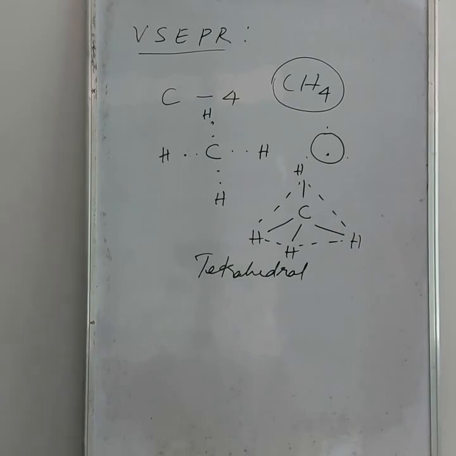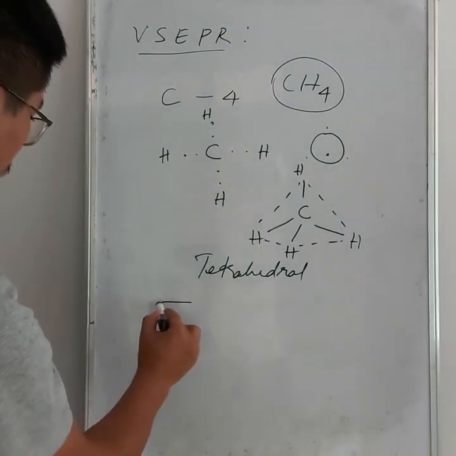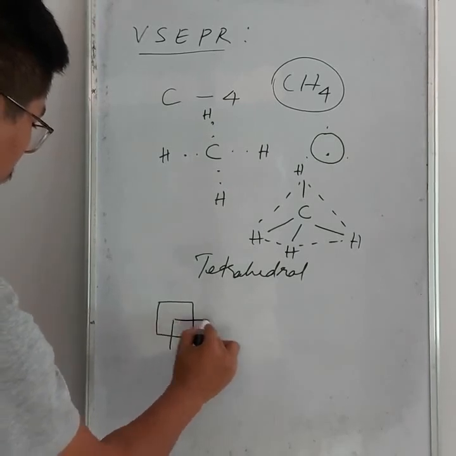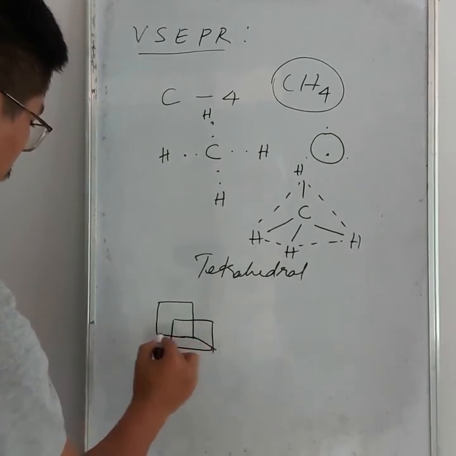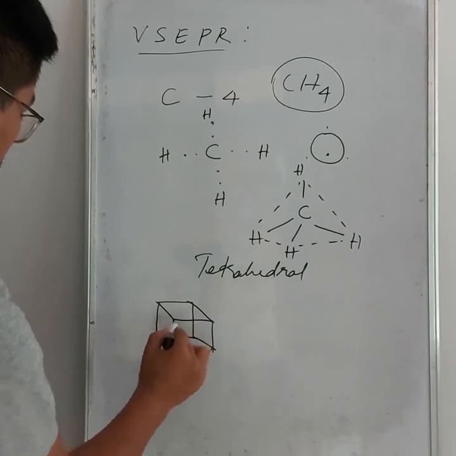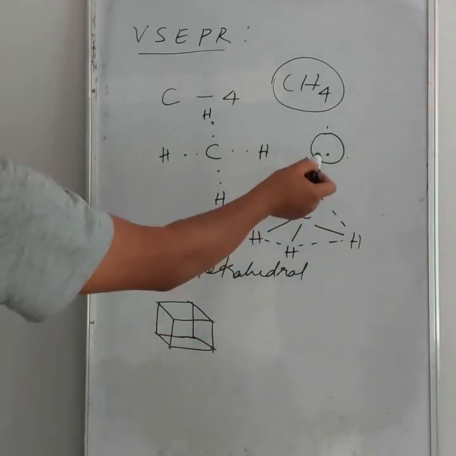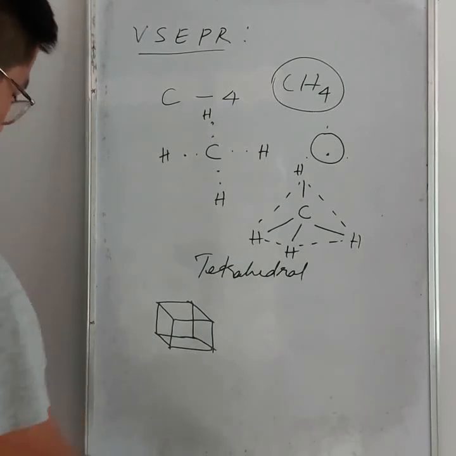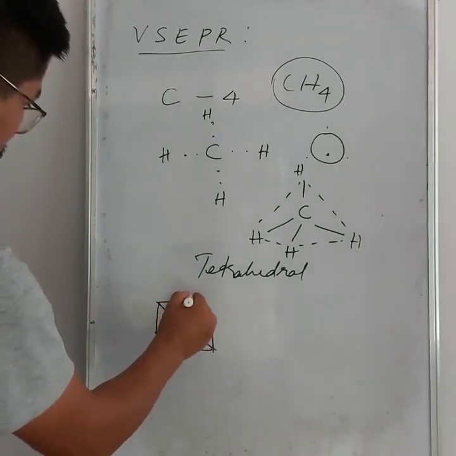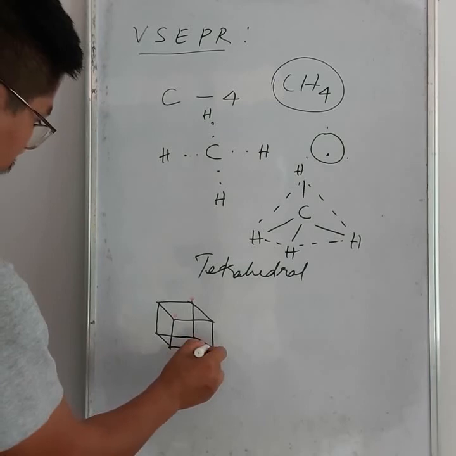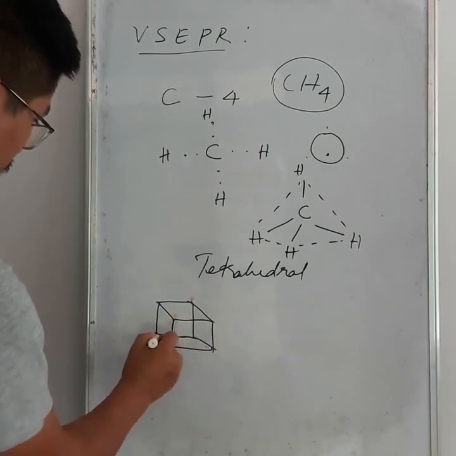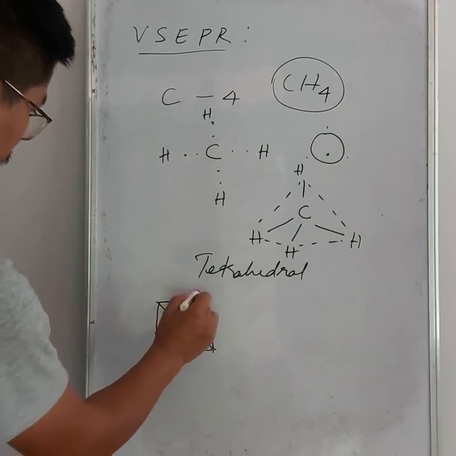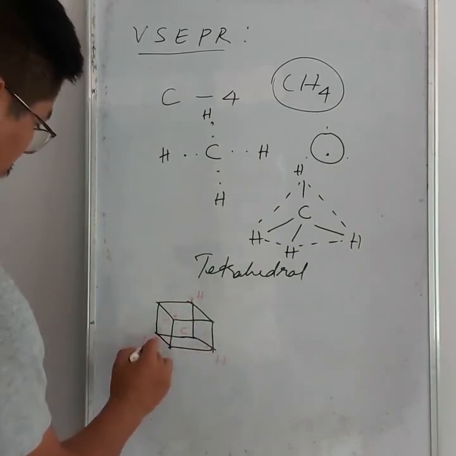Now imagine a cube. To picture this tetrahedron, imagine a cube, and imagine these four dots at opposite corners of that cube, and carbon is here. So hydrogen will come here like this.